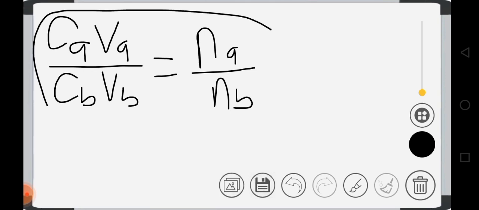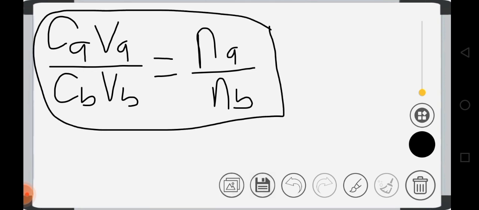This is the concentration equation we use in titration or in neutralization reactions. So CA means concentration of acid, VA means volume of acid, CB means concentration of base, VB means volume of base, NA means number of moles of acid, NB means number of moles of the base.